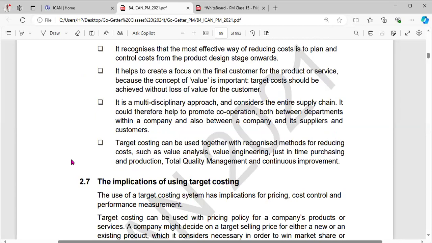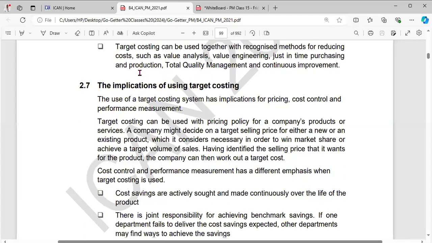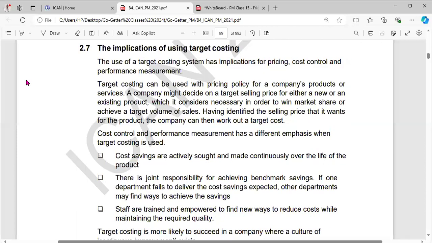All right, let's look at the implications now of using target cost. So implication could be what are the challenges that you might have. The use of target costing has implications for pricing, cost control, and performance management. Target costing can be used with pricing policy for a company's product or services.